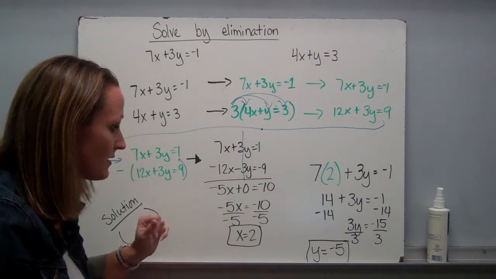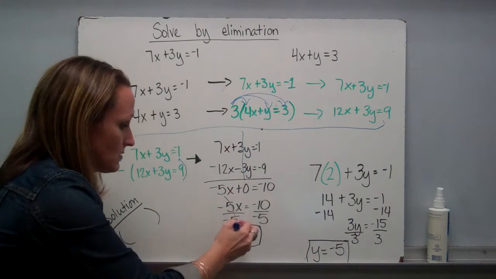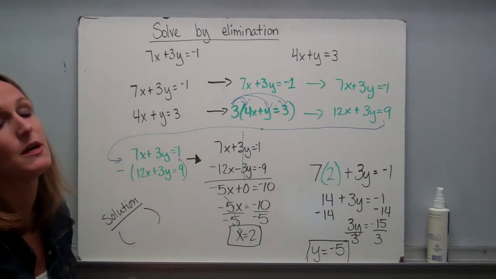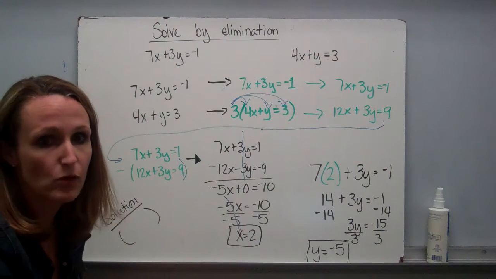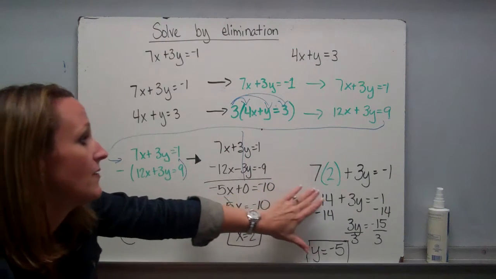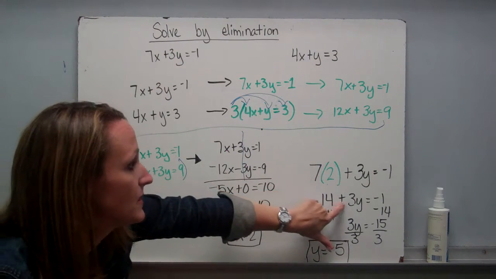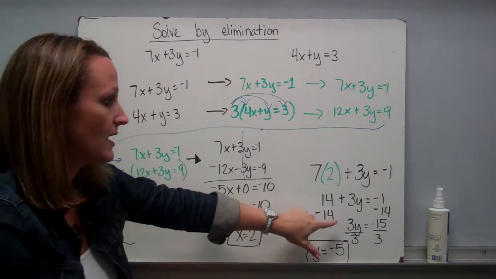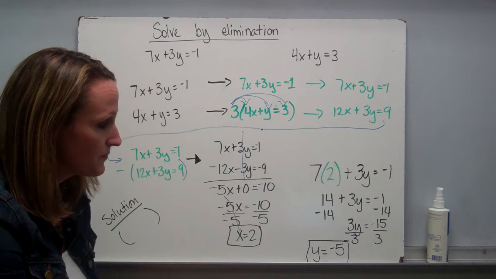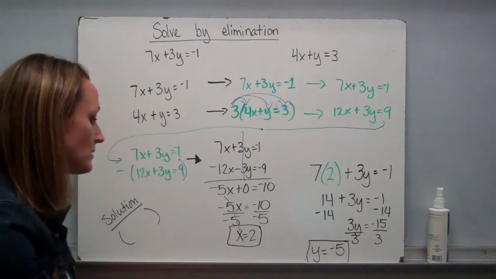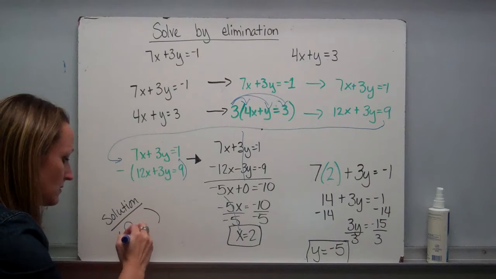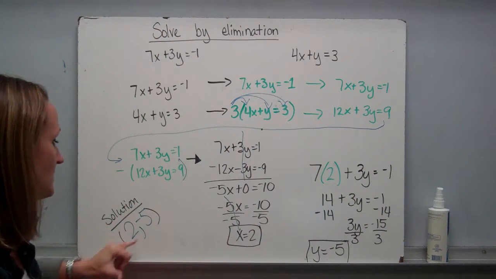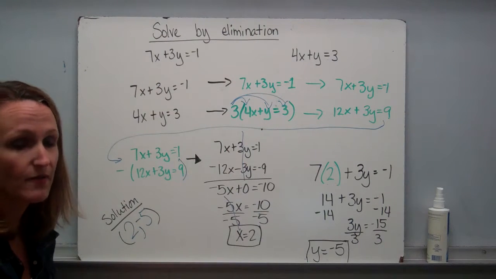Negative 10 divided by negative 5 gives me x equals 2. Take your 2, plug it in for an x because you need a y. 7 times 2 is 14 plus 3y equals negative 1. Subtract 14 from both sides, you find 3y equal to negative 15. Divide by 3, you find y equal to negative 5. So my solution is that these two lines would meet at (2, negative 5).